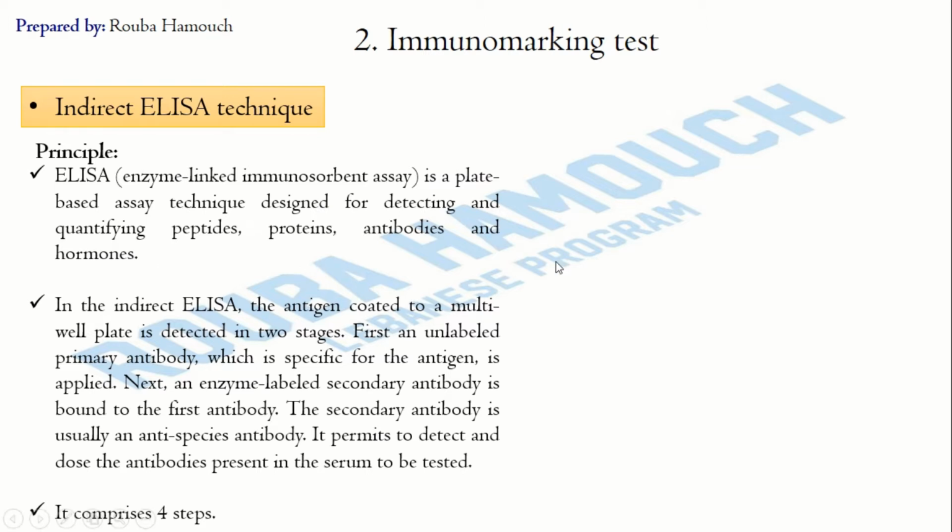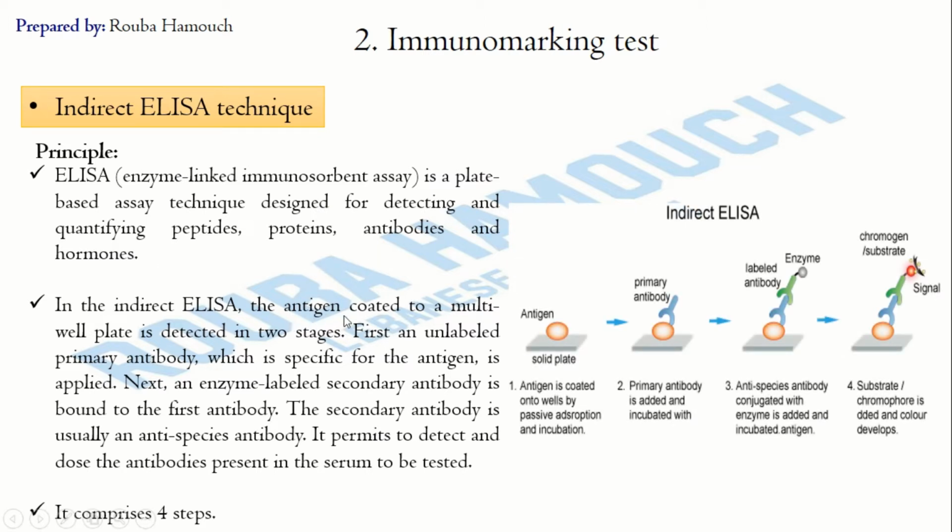So in the indirect ELISA, the antigen is coated to a multi-well plate and is detected in two stages. For example, if we diagnose the infection with the HIV virus, in the well plate, we coat the HIV antigens and we add to the coated antigen the test serum, the serum to be tested.